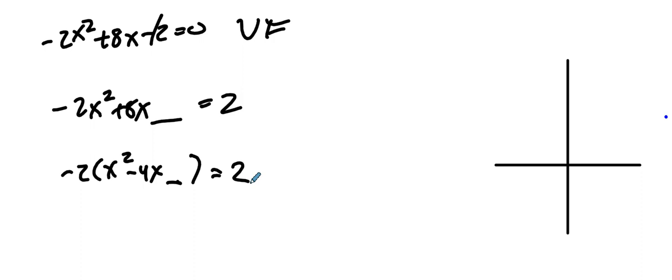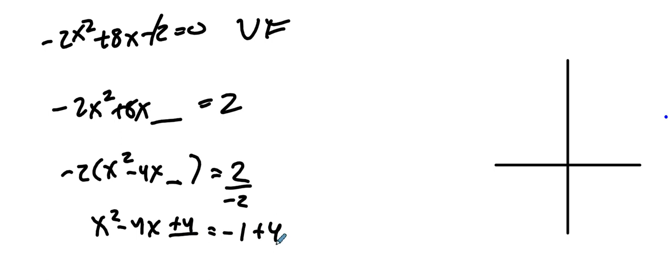It's the same thing still. Now we could divide by negative 2. We take x squared minus 4x, and negative 2 divided by negative 2 is equal to negative 1. Then we add 4 on both sides, essentially taking b over 2 squared.